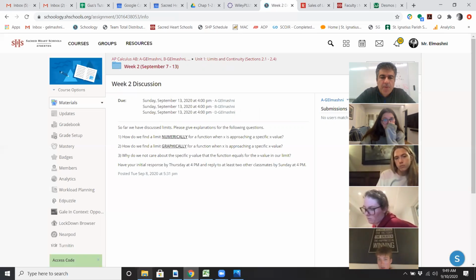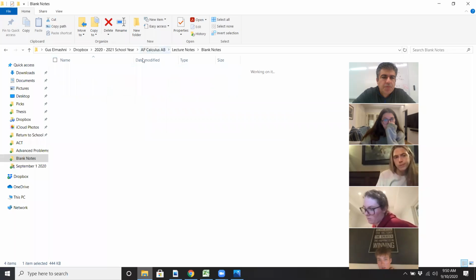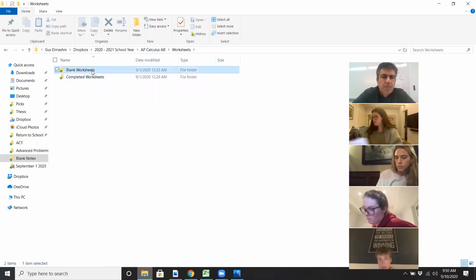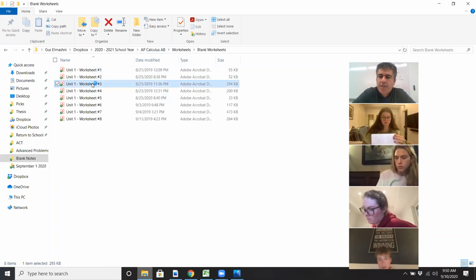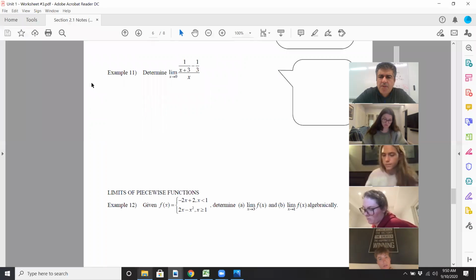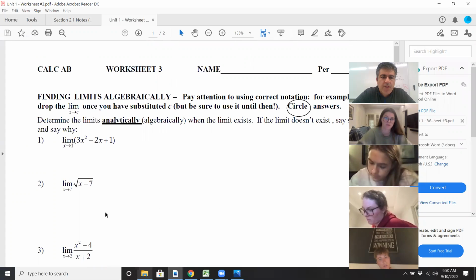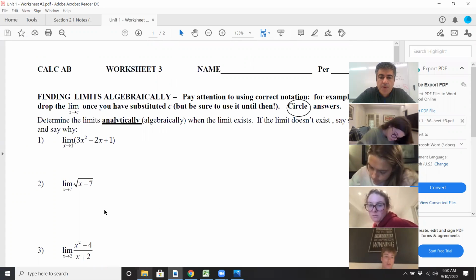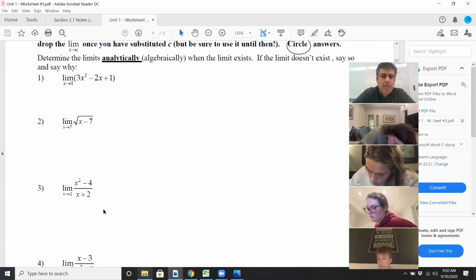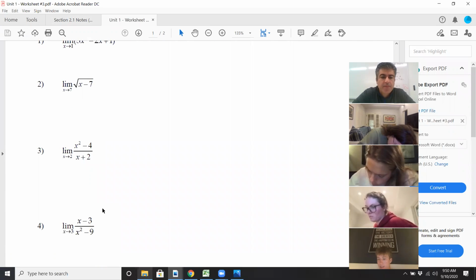All right, worksheet number 3. See how far you guys can get today. I'm not gonna ask you guys to turn this in, it's more for practice. But here you're asked to determine these analytically or algebraically. So try substitution first, if you can. You'll see that the first couple you'll be able to.